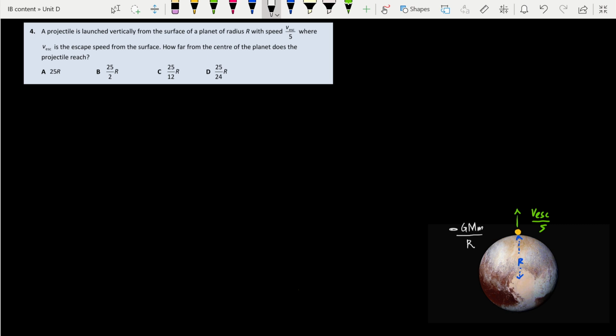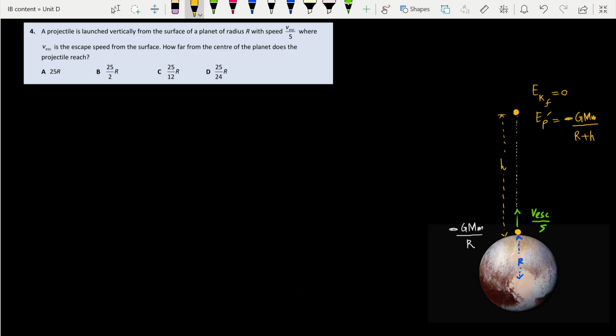Its kinetic energy will convert into potential energy, and at some point this mass will stop, when its final kinetic energy becomes zero, and it will have a potential energy of negative GMm over, we don't know the height yet. That's what we have to find out, the distance from the center to this point. So I can say R plus h.